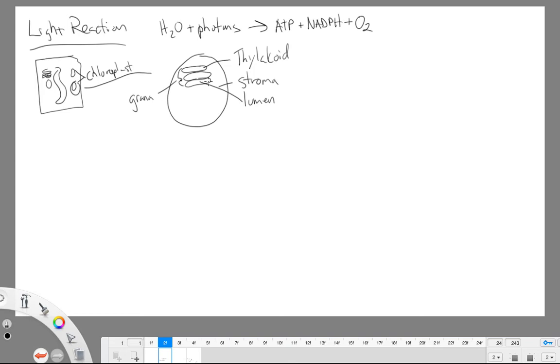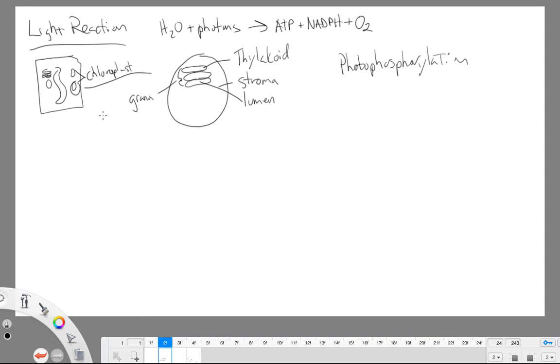Okay, now we are going to zoom in further, because this process, which I'll write up here, ultimately is referred to as photosynthesis.